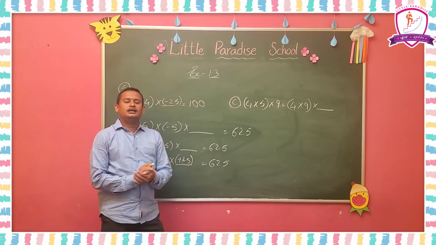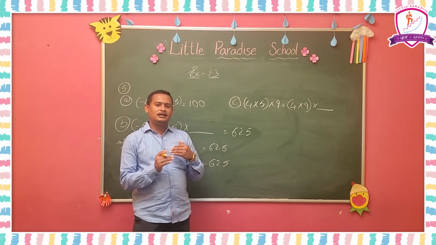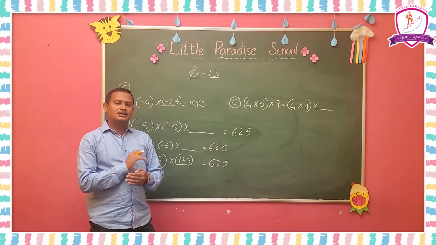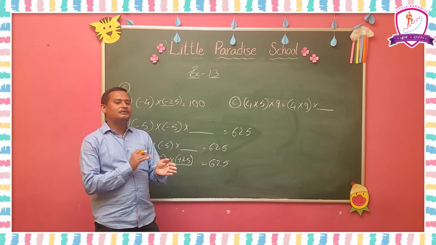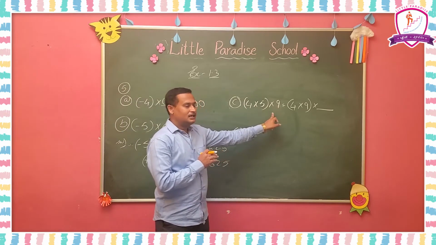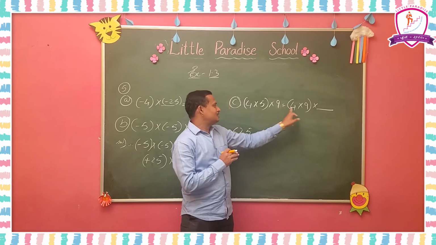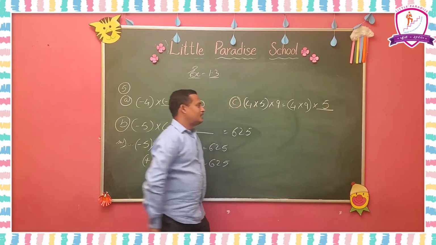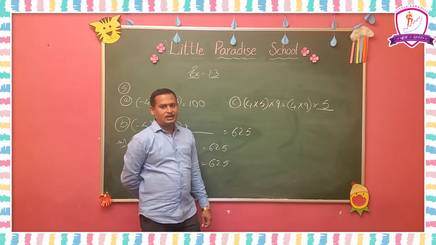Already we know that according to the commutative property, when we are multiplying any 2 or more integers in any order, we will get the same product. So here 3 integers we are multiplying, here also we have to multiply the 3 integers only. So which number is missing here? 5 is missing. So when we multiply 5 with this product, then we will get this product as answer. Okay. So next one.